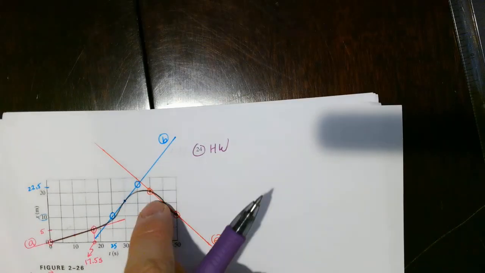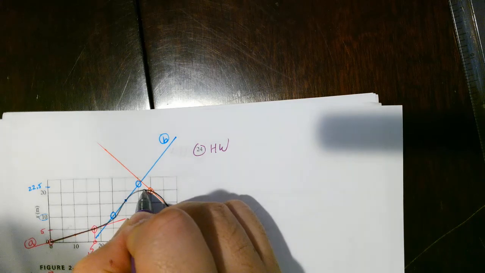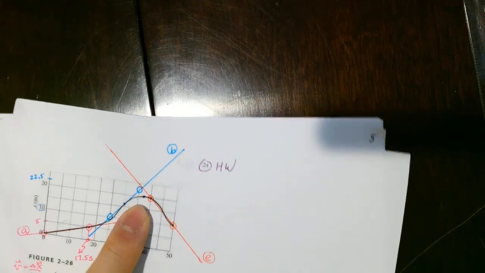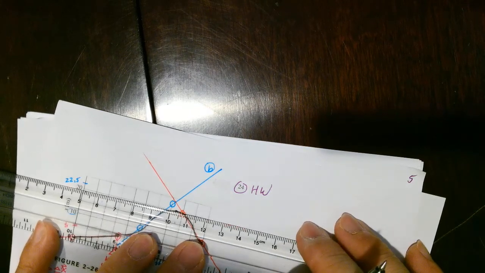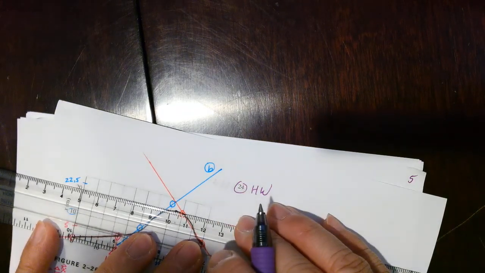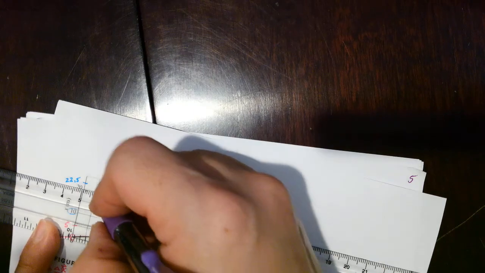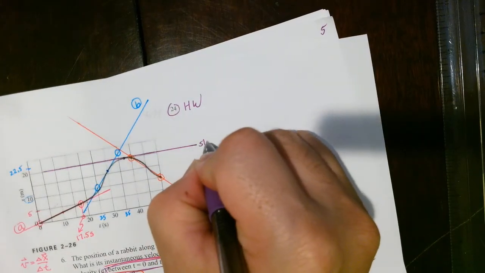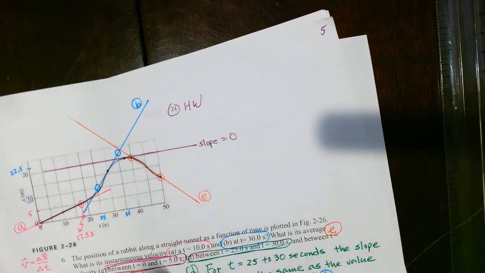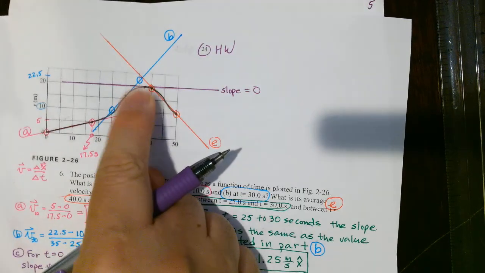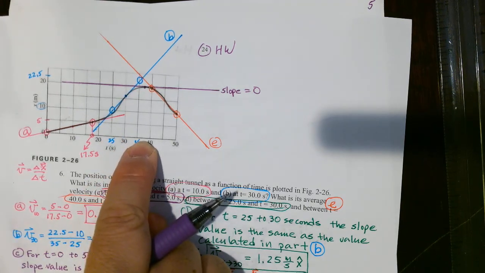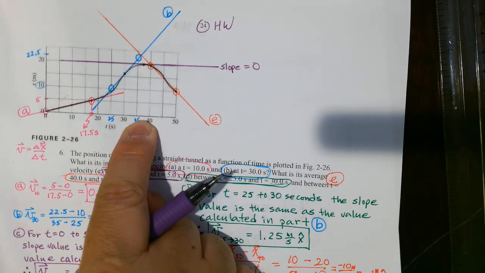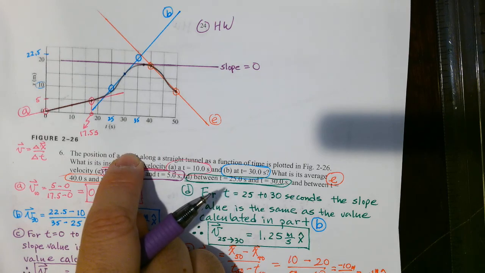And that can happen only right around here, because if I do a tangential slope line, that's the only time where it's going to actually have a zero slope. Right there. That means my instantaneous velocity is zero at this time, which is around 37 or 38 seconds. All right?